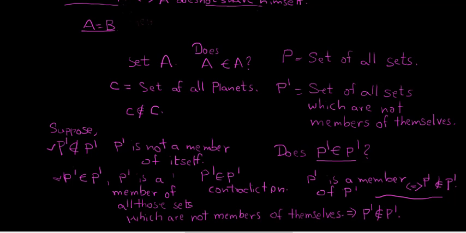So if we compare this set theoretic paradox with Barber's paradox, recall that at the end of Barber's paradox we gave a hint that one way to resolve this paradox is to say that such a Barber does not exist. So analogously we would expect in this case to say that such a set P prime does not exist.